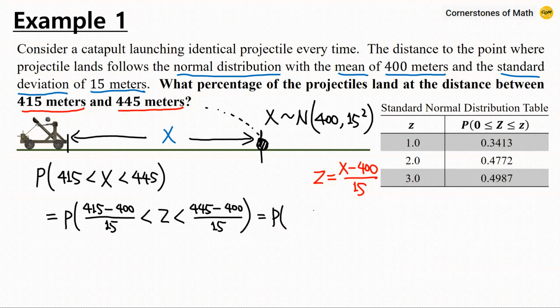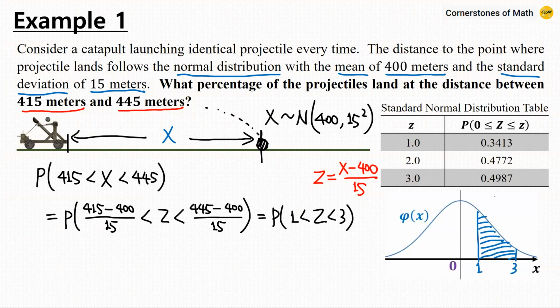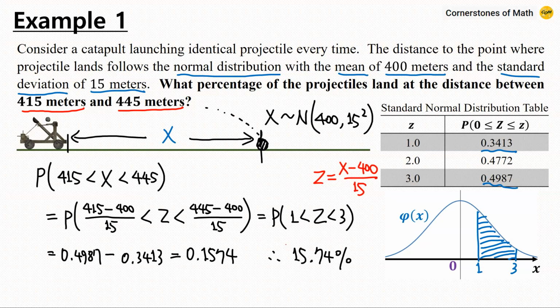So we have z greater than 1 and less than 3, which is this area. So using these values, we have 0.4987 minus 0.3413, which is 0.1574. So we can say approximately 15.74% of the projectiles land at the distance between 415 meters and 445 meters.